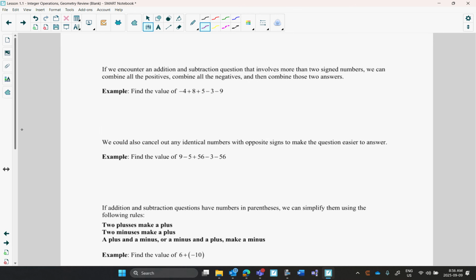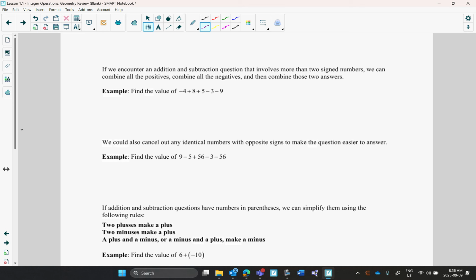What about if you're adding and subtracting a string of numbers? You can start from the left and move to the right: -4 plus 8, get that answer, then add 5, get that answer, then -3, get that answer, and -9. That'll work. I have a question. Could you add all the minuses together?